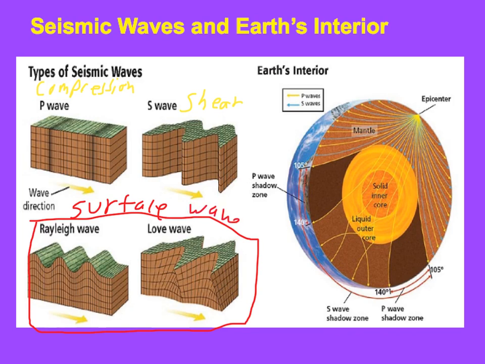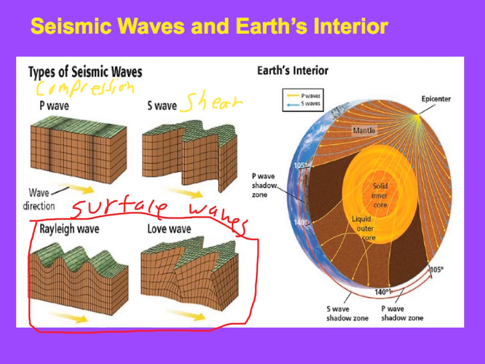Two surface waves, Rayleigh waves, cause the ground to roll, like a ripple almost. And then Love waves just send the ground in perpendicular spikes. It's like an S wave and a Rayleigh wave combined to make this Love wave.